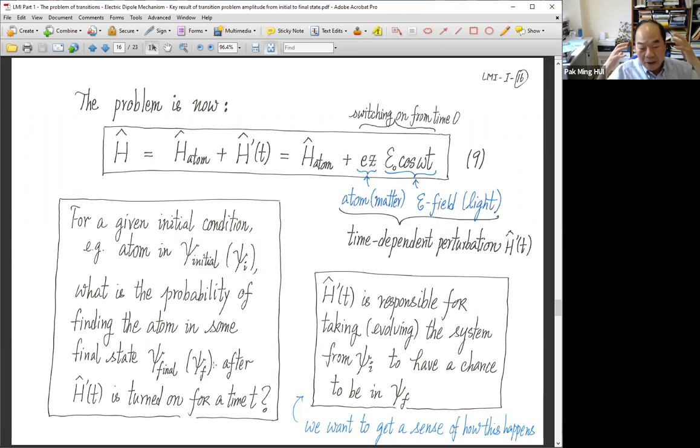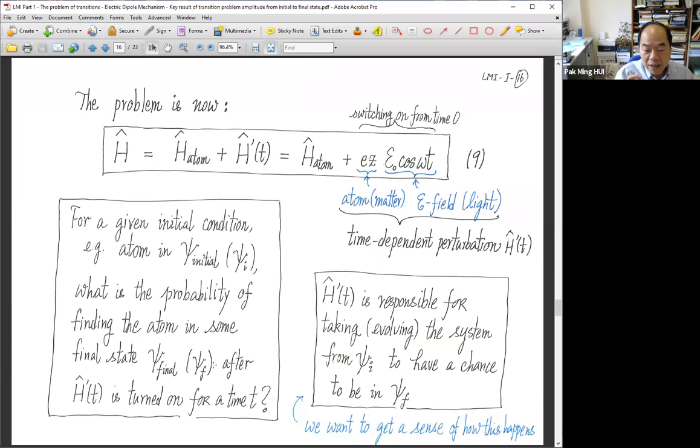Okay, so always remind yourself of the question in hand. This is the question. It is an initial value problem, that is to say, given an initial state, the perturbation starts at time equals 0, wait for a while, time t, afterwards, what is the probability of finding the atom to be in some other state?